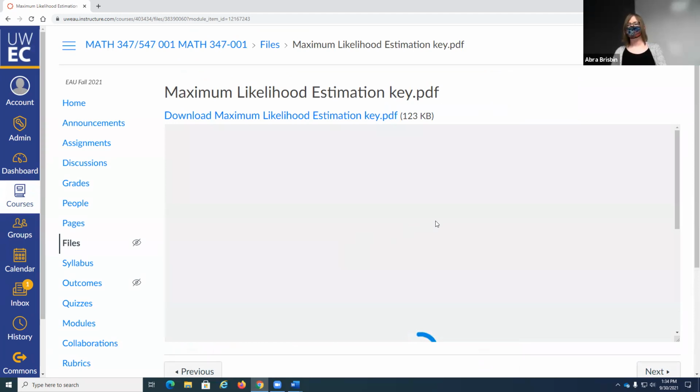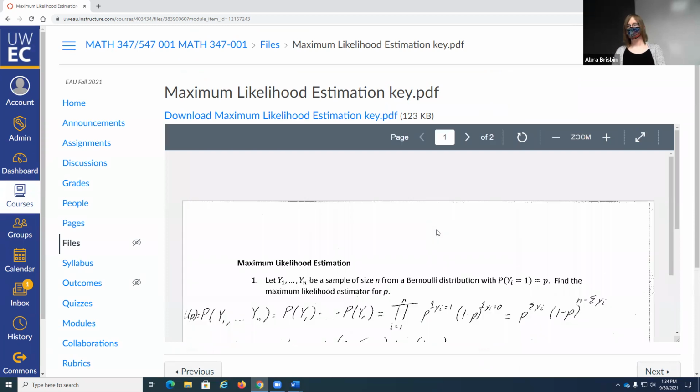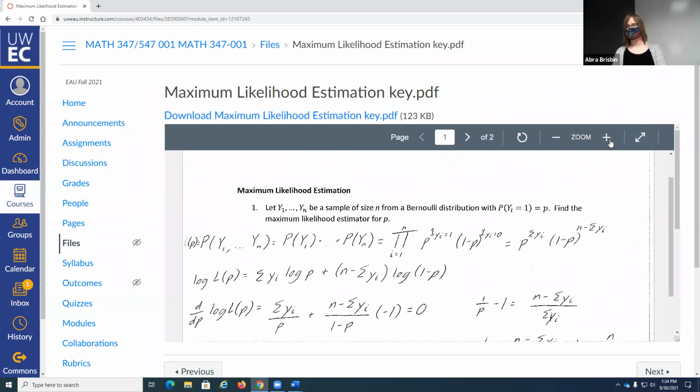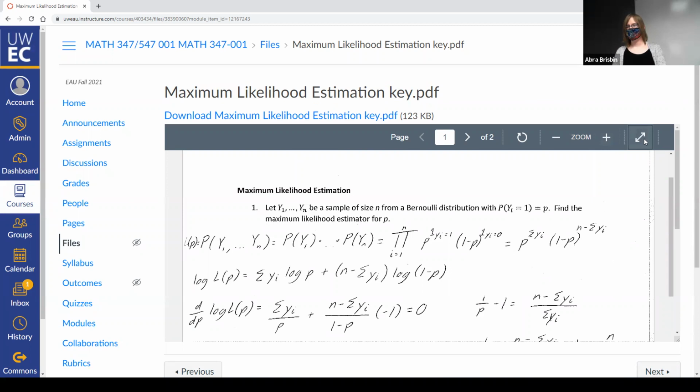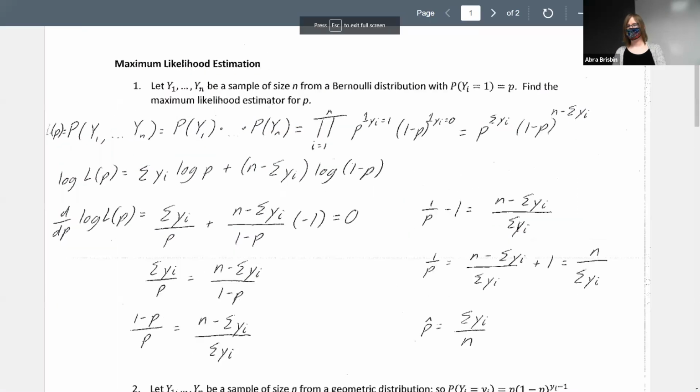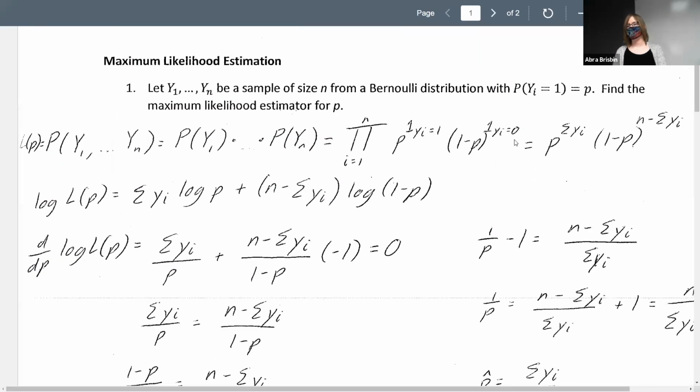But I just figured it was the first time you were seeing maximum likelihood, so I figured I'd wait until the second problem to introduce that, because the Bernoulli distribution is simple enough that you can understand what the likelihood is going to be without necessarily needing the product notation.